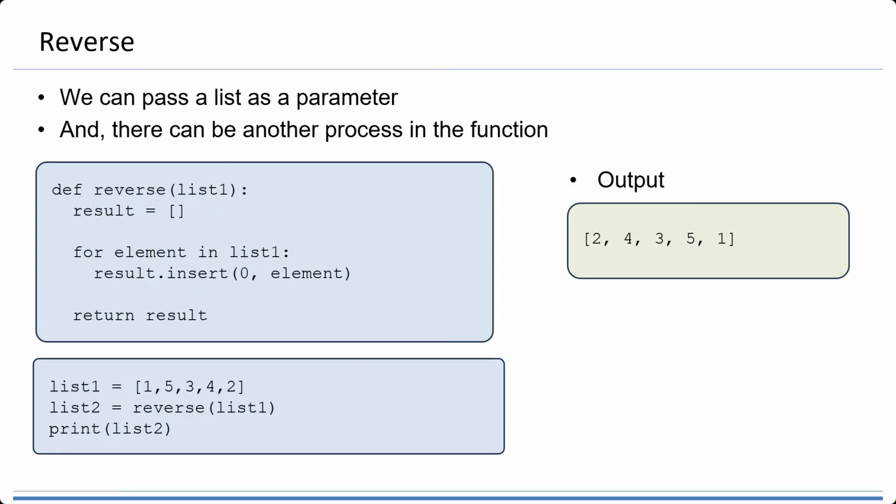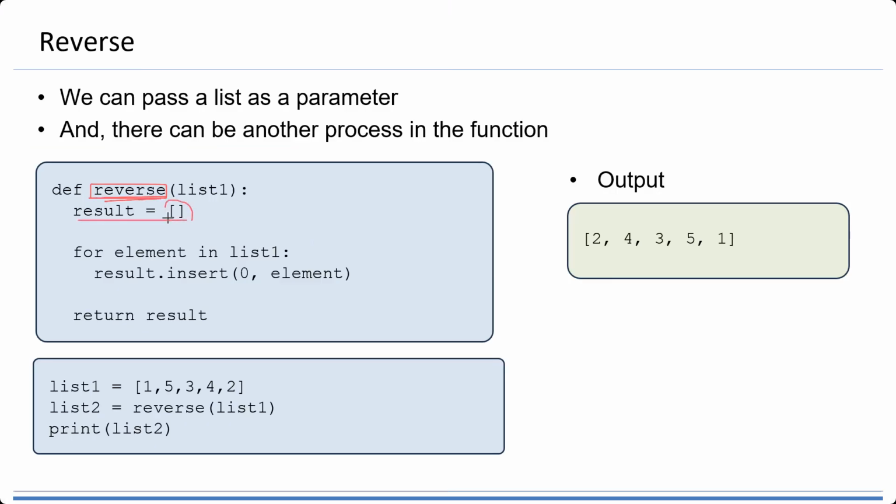Now, this is another kind of function with regard to a list. Let's make a function reverse. You already know when we deal with the list, we can use reverse automatically. But let's use reverse in this example. We have a function reverse, and then we want to show the result.